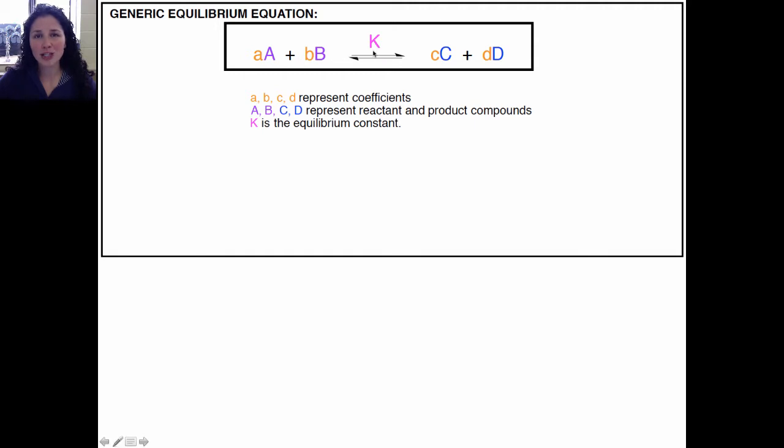On this chemical equation, I've put this K value over the arrow. K is the equilibrium constant. K represents the point at which the rates of reactions in the forward and the reverse directions are equal. That does not mean, however, that the amounts of reactants and products need to be equal at that point.